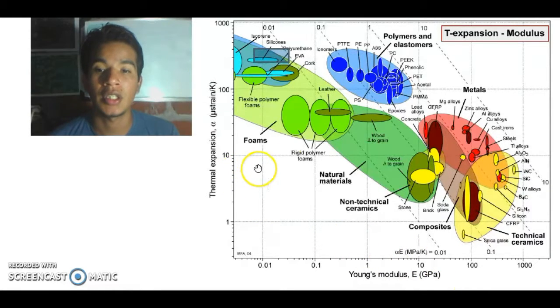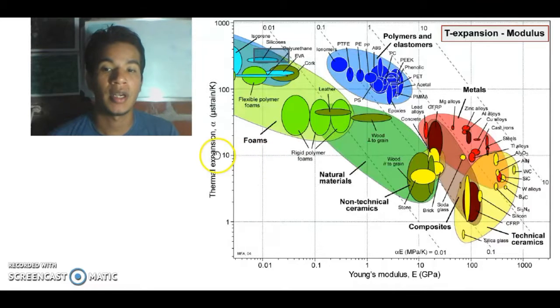The chart is used in material selection. When thermal stress is important, the chart shows the thermal stress generated per degree Celsius of temperature change in a constrained sample. They define the guideline. Examples: polymers and elastomers, metals, technical ceramics, non-technical ceramics, foams; among the metals, aluminum, zinc alloys, cast iron, GFRP.